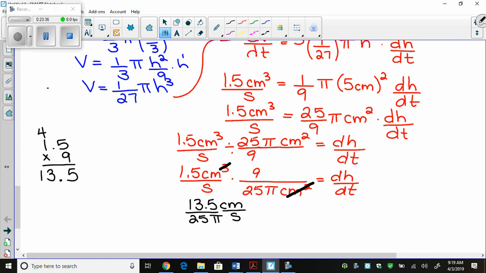If they want it better than that, they will give you the calculator section. Okay, so that's the change in height per time of the ice cream in the cone.